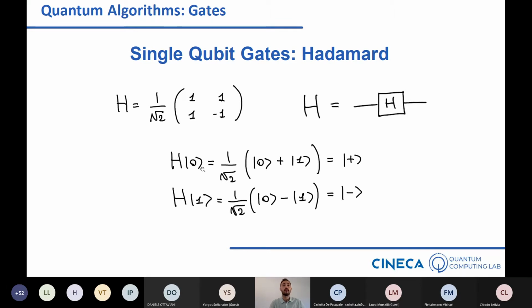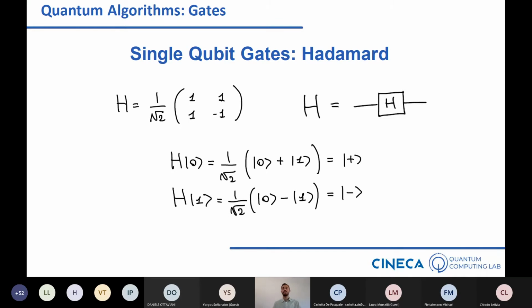If you apply H to the zero state, you get an equal superposition, with 1 over square root of 2 multiplying both terms. This is also called the plus state. If you apply Hadamard to 1, you get this other state with a minus, called the minus state. This is going to be used in the future.